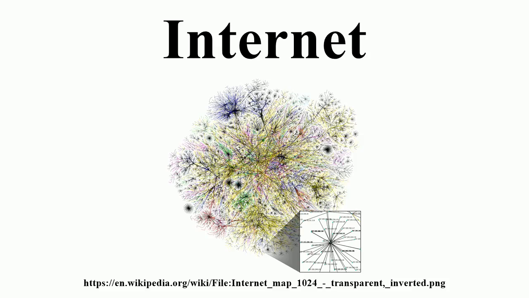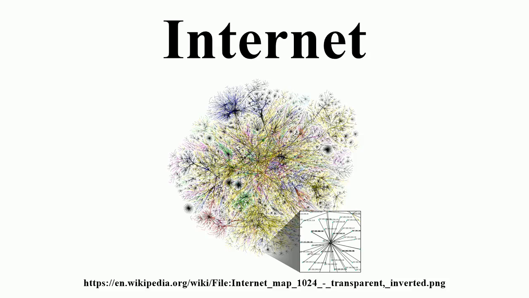Access. Common methods of Internet access by users include dial-up with a computer modem via telephone circuits, broadband over coaxial cable, fiber optic or copper wires, Wi-Fi, satellite and cellular telephone technology. The Internet may often be accessed from computers in libraries and Internet cafes.